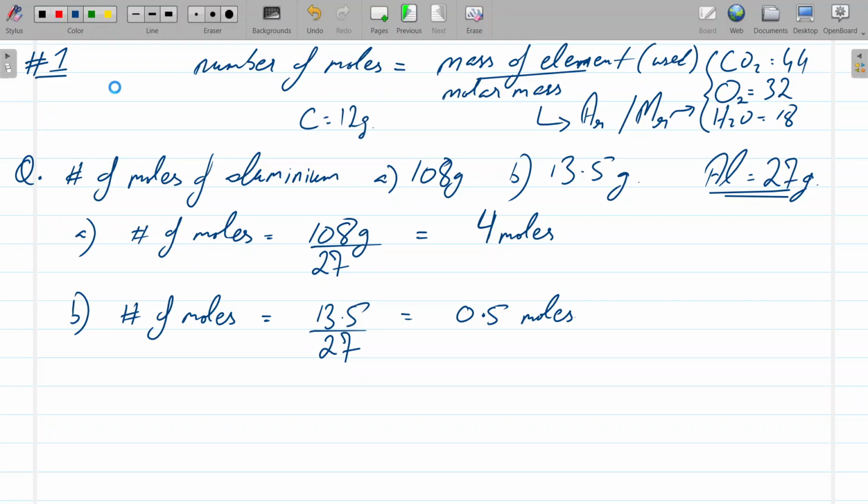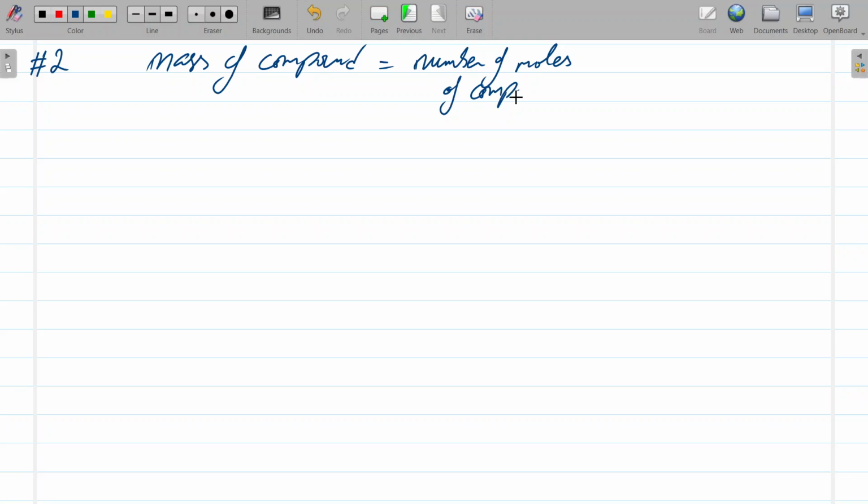Next up is formula number 2, something that we've sort of already done: mass of compound equals number of moles of compound multiplied by the molar mass of the compound.